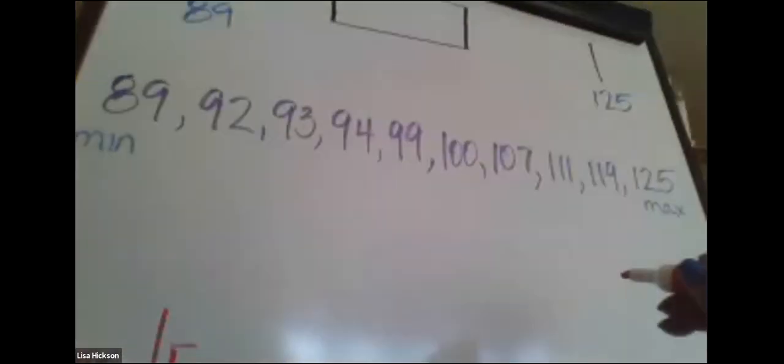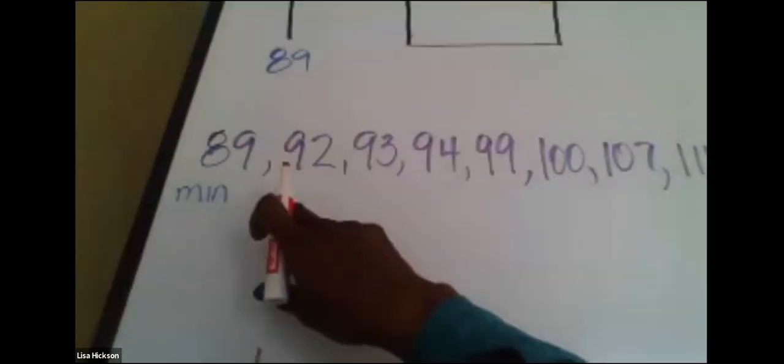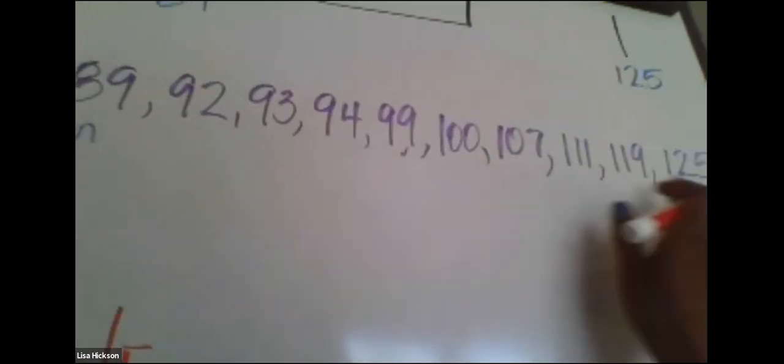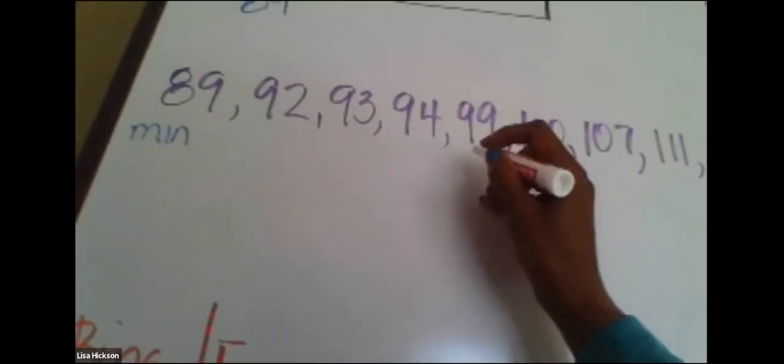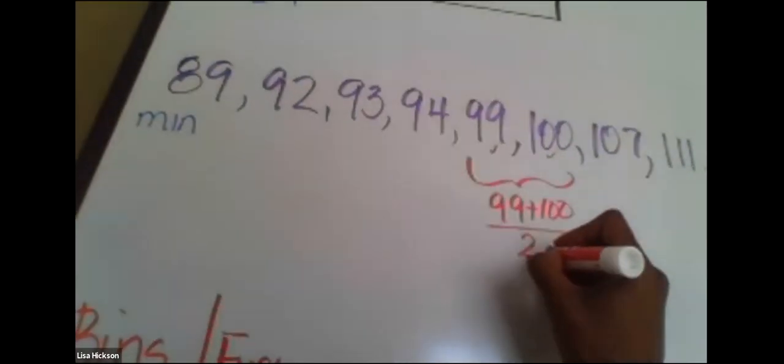Exactly. So ladies and gentlemen, remember, there are 10 terms. We come in 5 from the left. We come in 5 from the right. We add these two together and we take their average.